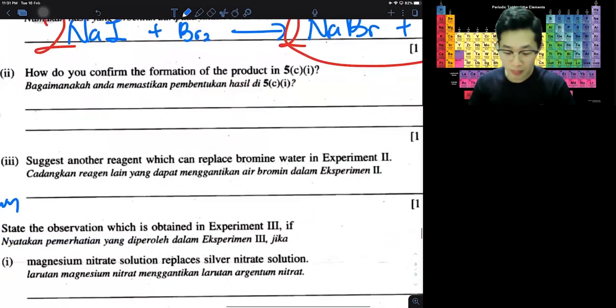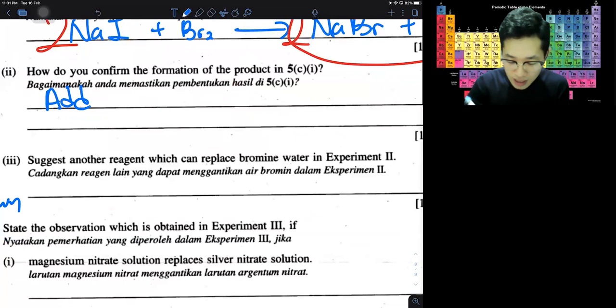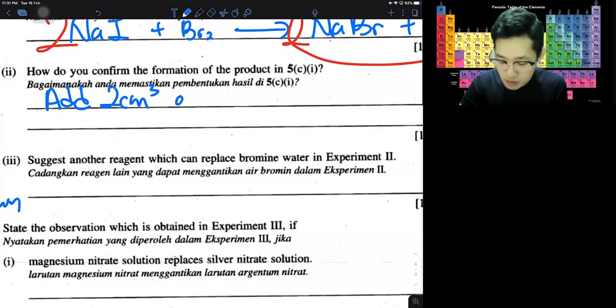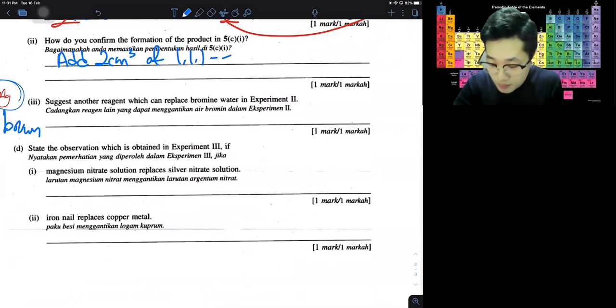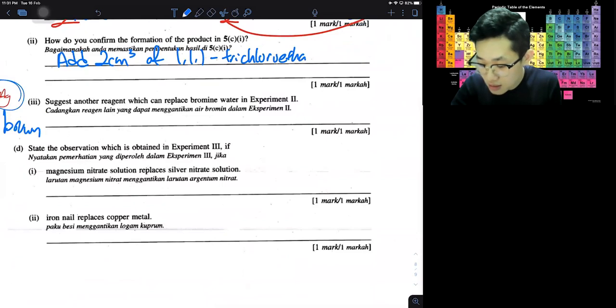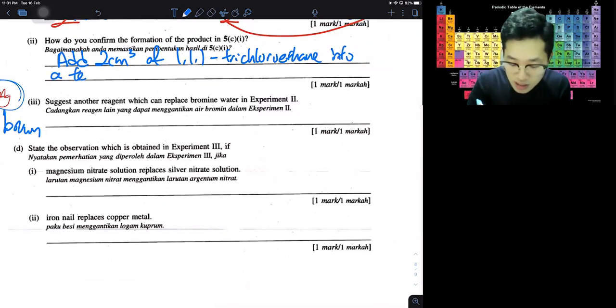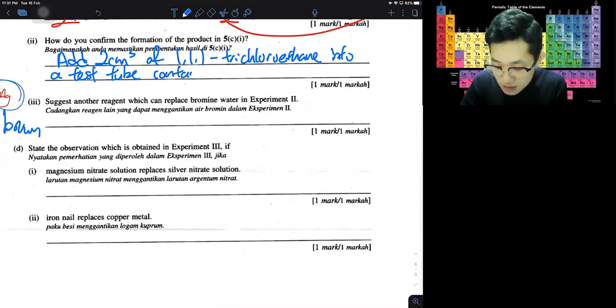We can add 2 cm³ of 1,1,1-trichloroethane into a test tube containing the product.